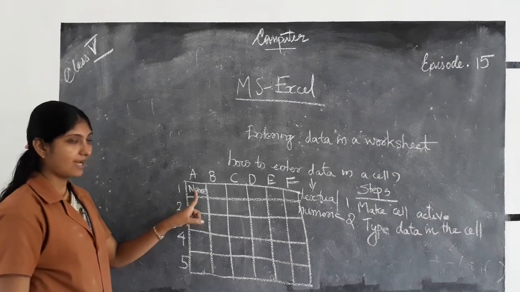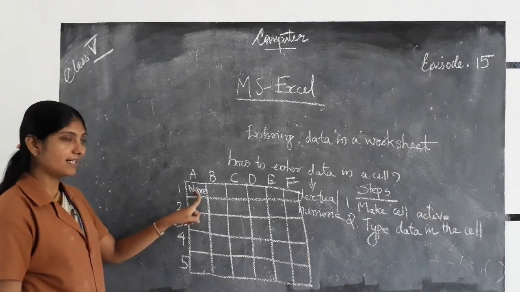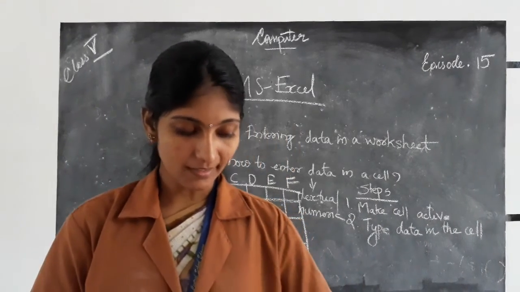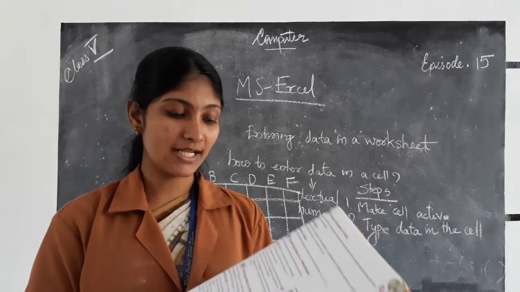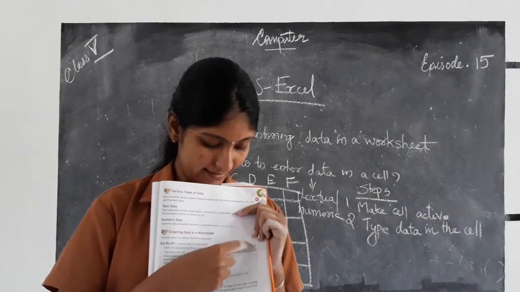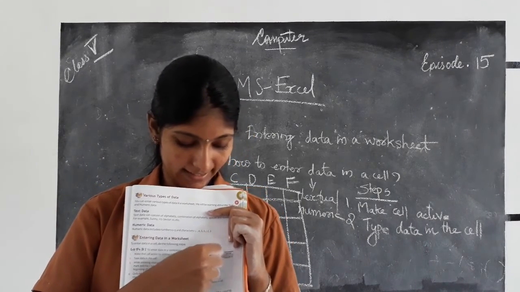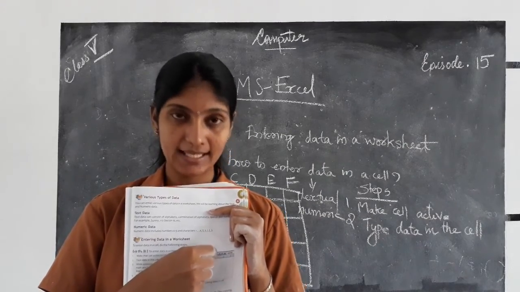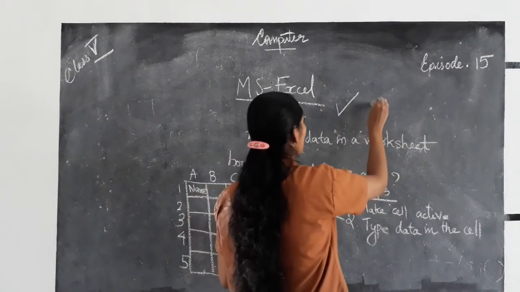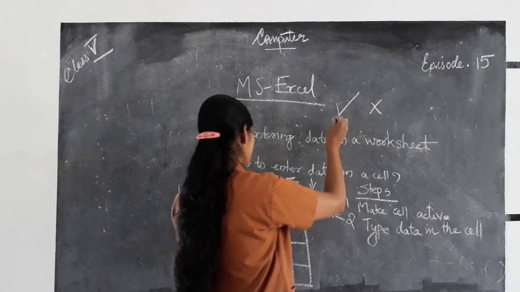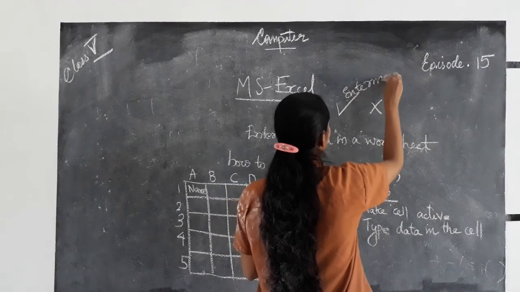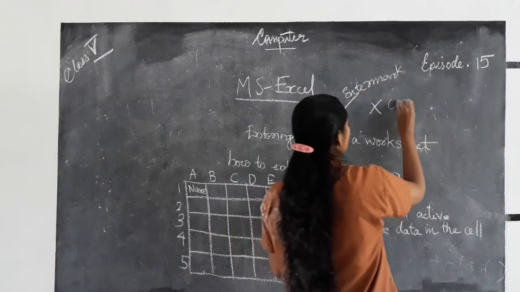Now we type the word name in capital letters. And the third point: look here, while entering data, you will notice the enter mark and the cancel mark. Here on the top, at the address bar row, you can see there is a tick mark and a cross mark. That means this is the enter mark and this is the cancel mark.